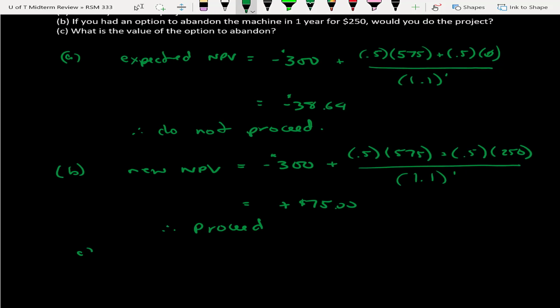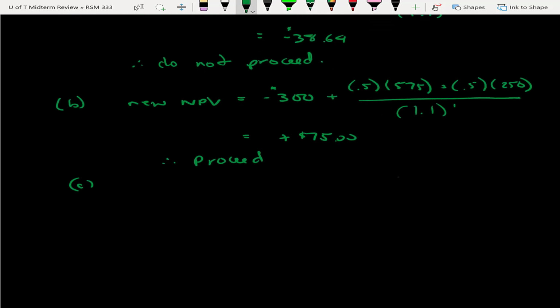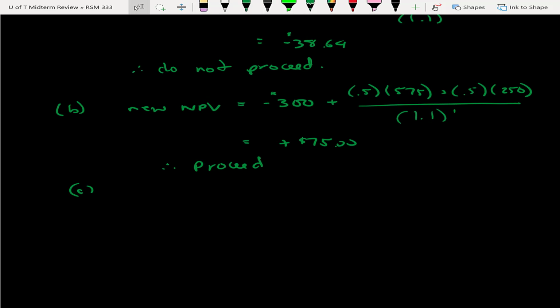And part C says, what's the value of this option? What's the value of the option to abandon? So this would be the new NPV. Now there's two ways to do this, minus the original NPV. Okay, so the new NPV is $75 positive.